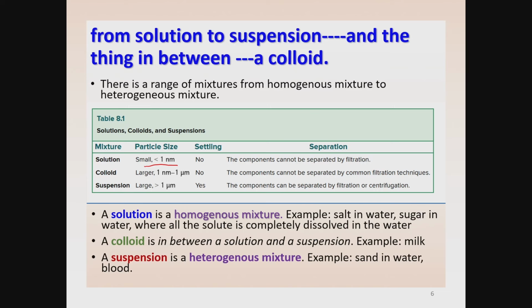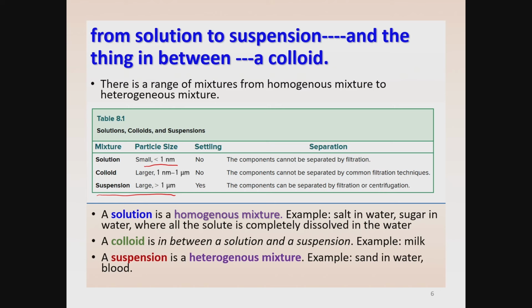Now, on the other side of the scale here, we have heterogeneous mixtures, which are suspensions. And the reason why they're suspensions is because now the solute particles are relatively large. They're about a micrometer in length. The particles are so large that they can no longer dissolve into the water.